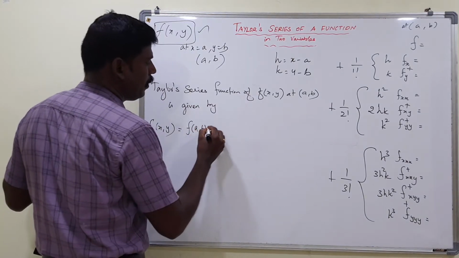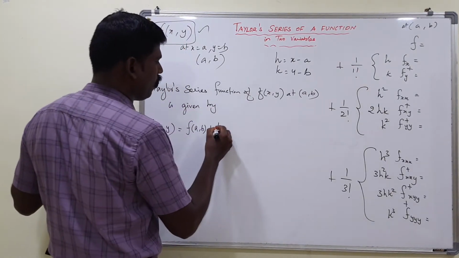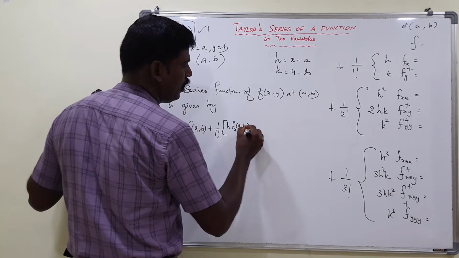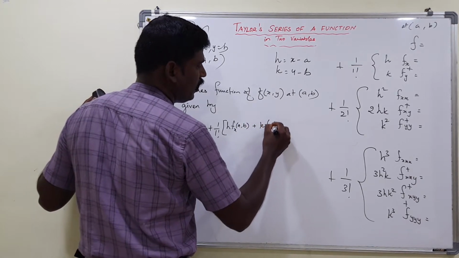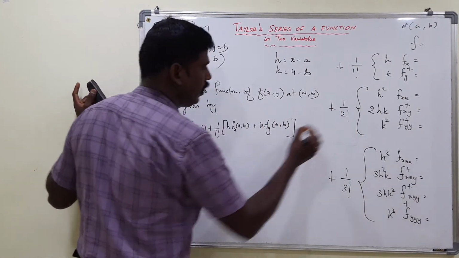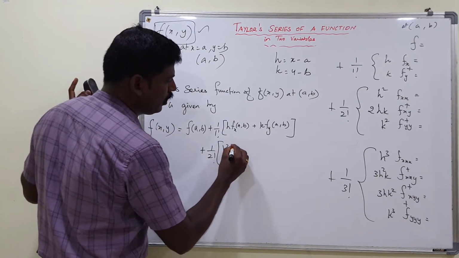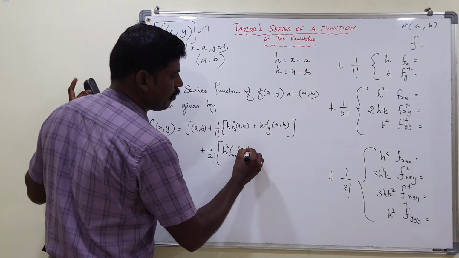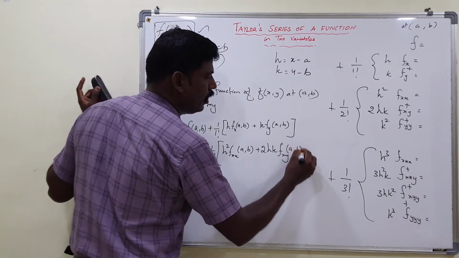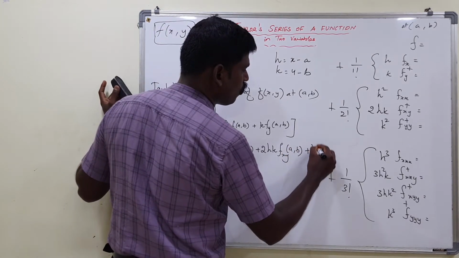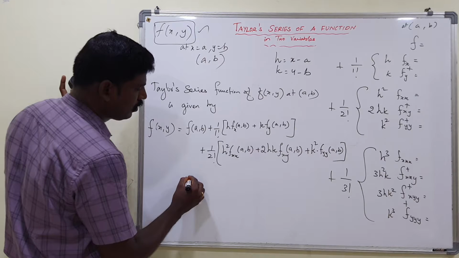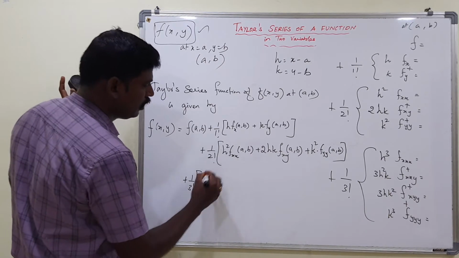So f at a comma b plus 1 by 1 factorial into h into fx of a comma b plus k into fy of a comma b plus 1 by 2 factorial into second order: h square into f double x of a comma b plus 2hk into f xy of a comma b plus k square into f double y of a comma b, and then plus 1 by 3 factorial into third order, isn't it?